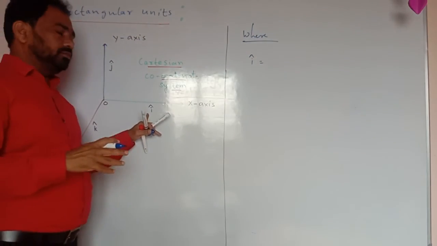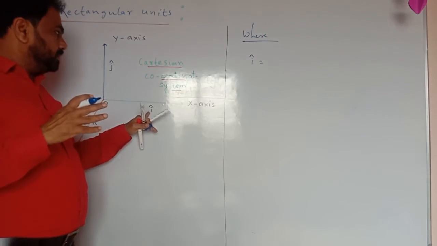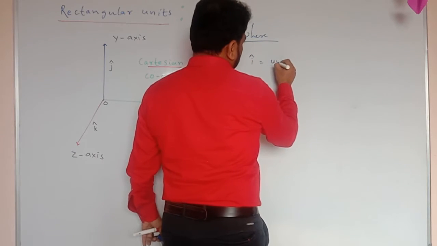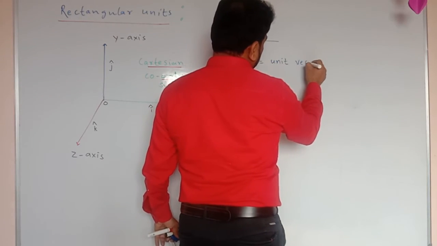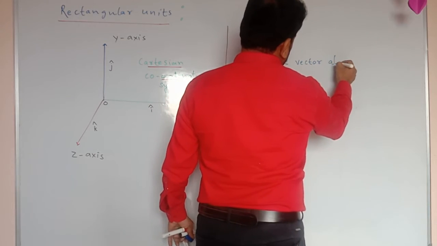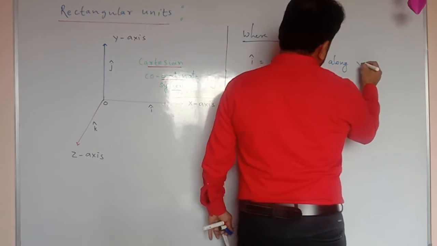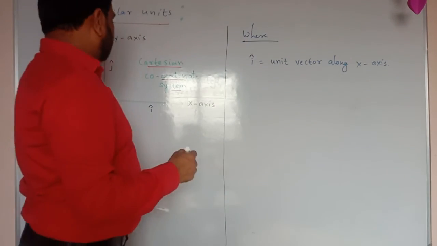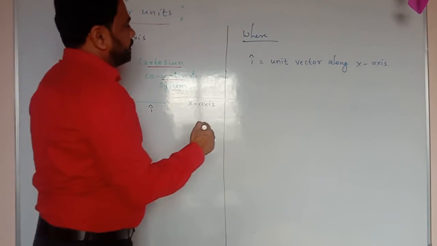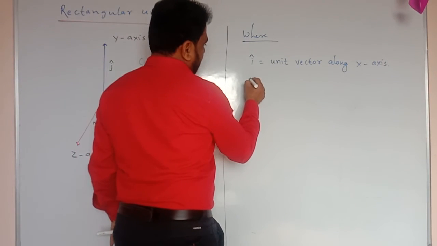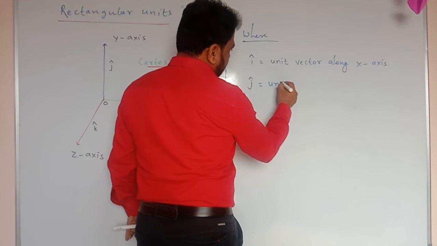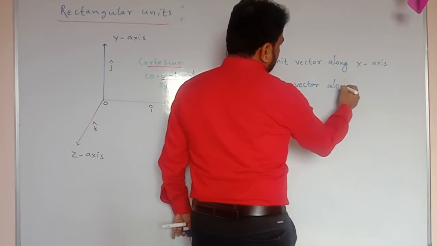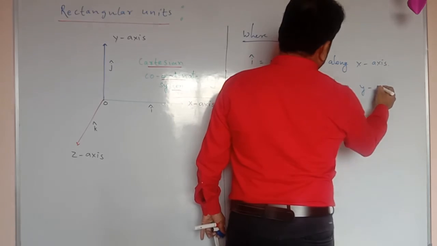It is a unit vector which is used for the x-axis, so i cap is the unit vector along the x-axis. Now the next unit vector, j cap, is also a unit vector along the y-axis.